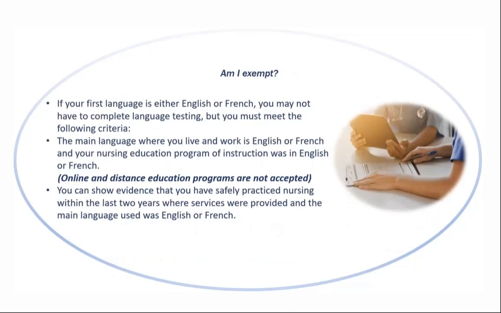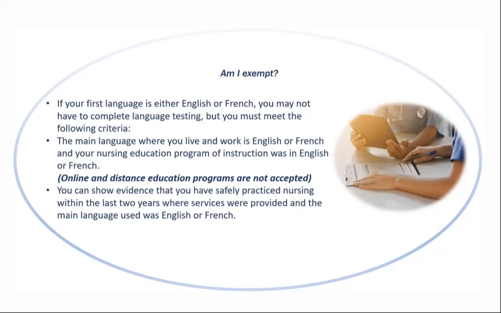So there are certain applicants who will find that there is an eligibility for an exemption of the English language requirement for NNAS. There are a couple different criteria that one must meet to be considered for an exemption. First off, if your first language is either English or French, you may not have to complete the language testing, but you must meet the additional following criteria.